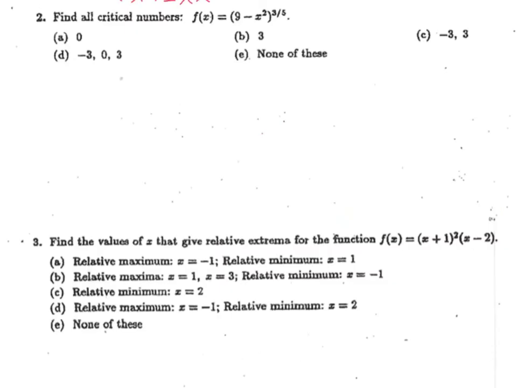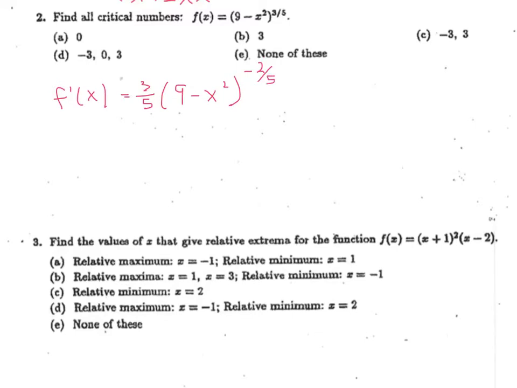For number 2, we want to find the critical numbers of our function. So critical numbers occur where our derivative equals 0 or where it's undefined. So we're going to take the derivative of our function. So f prime of x, when we take the derivative, we'll need to chain rule. So the 3/5 will come out, and we'll have 9 minus x squared to the negative 2/5.